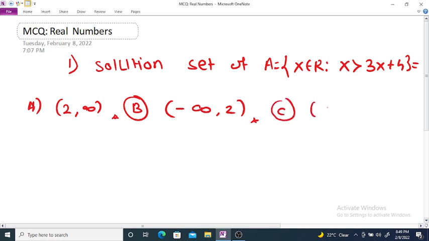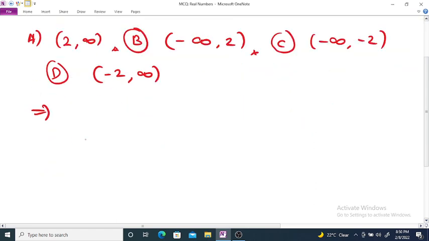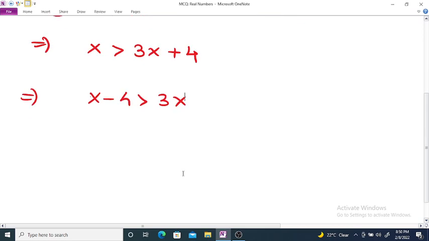option C, minus infinity to minus 2; and option D, minus 2 to infinity. So here the given inequality is x greater than 3x plus 4. If we subtract 4 from both sides, we get x minus 4 greater than 3x, and if we subtract x from both sides, we get minus 4 greater than 3x minus x.